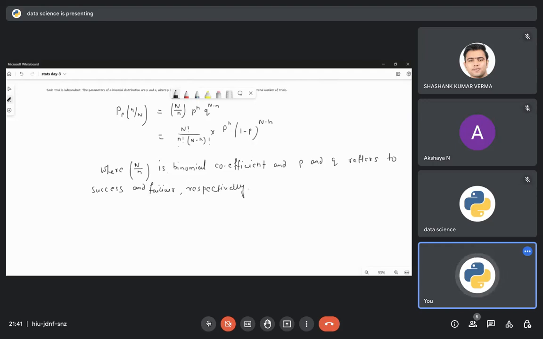That's all. Now P of small p, capital N by small n, gives the discrete probability of obtaining n success.